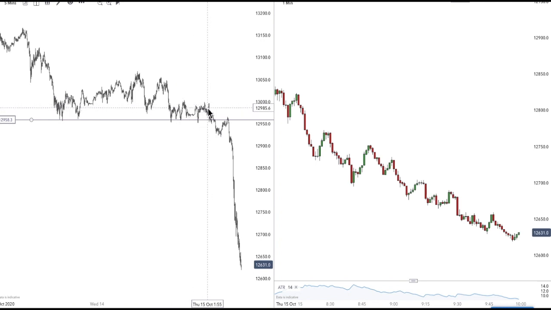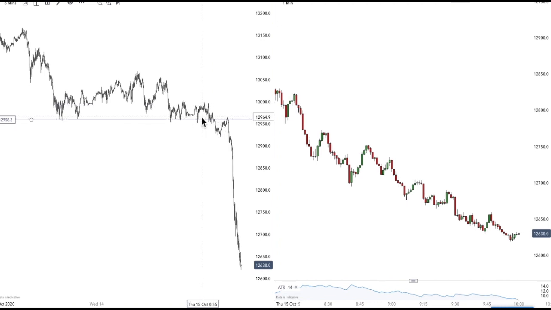The market decided at this stage that there were far fewer people buying than selling, and that's what pushes prices down, of course. Plus, everybody probably saw this horizontal line, thought, if it goes much below that, I'm getting out, and they started getting out, and that created selling in the market.